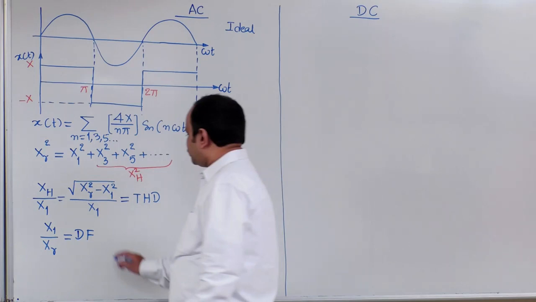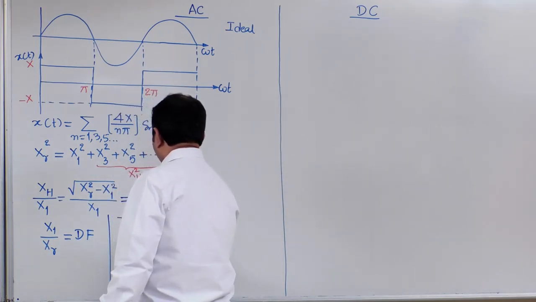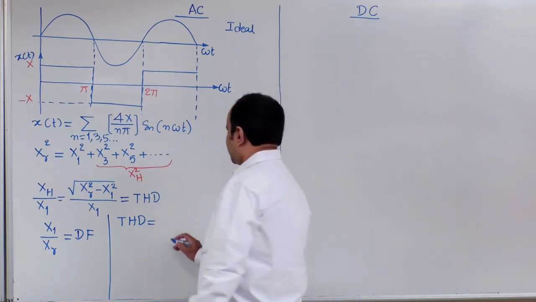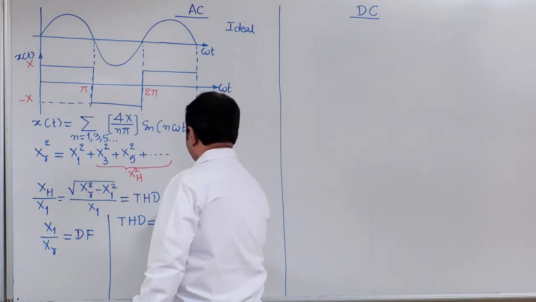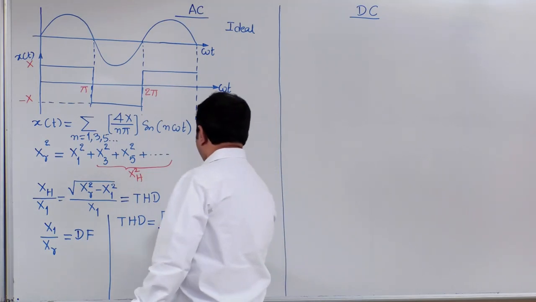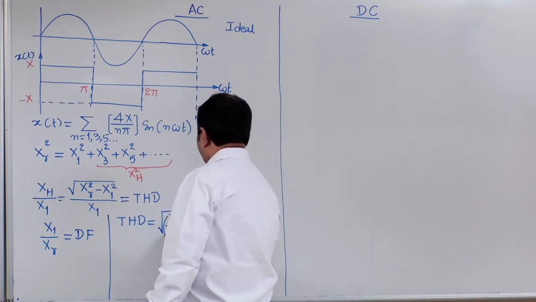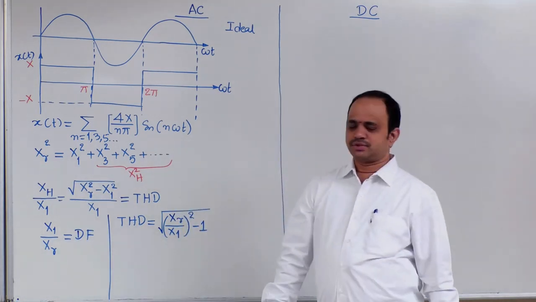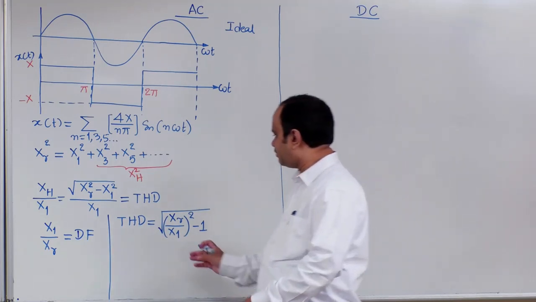Now we can express total harmonic distortion in another way. Suppose we pull this x1 term inside the root, then what you will get is square root of xr divided by x1 whole square minus 1.